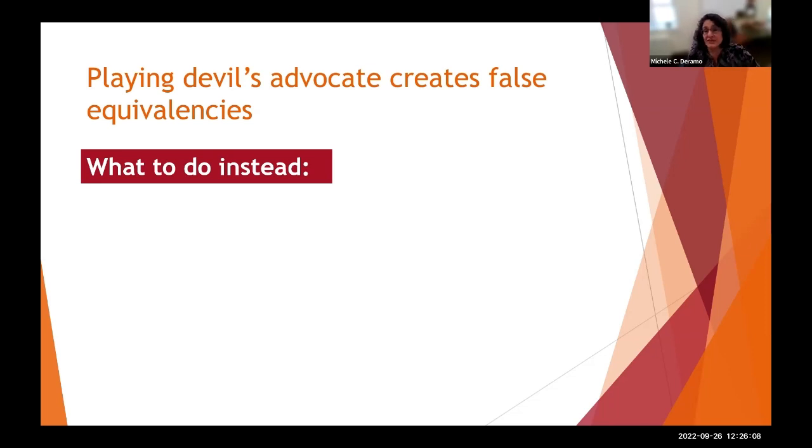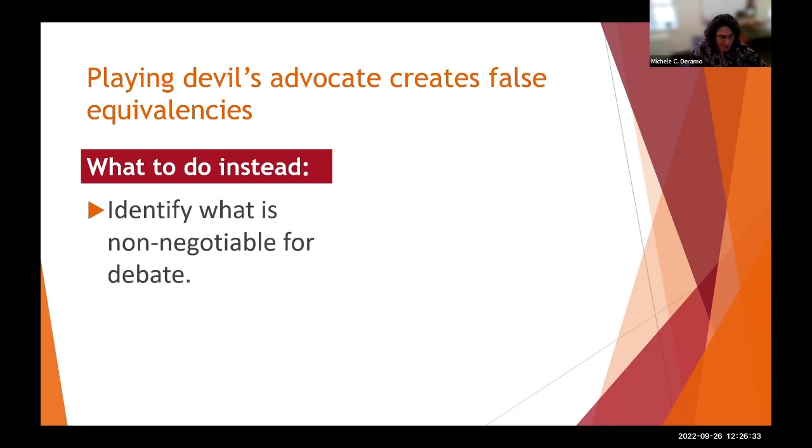Other people believe that certain races are better at certain things. Yes, these are two sides of an issue, but in fact, the impact and consequence of the ideas are completely overlooked. So rather than engaging in this reckless game of devil's advocate, it's probably better to identify what's non-negotiable for debate in the discipline.